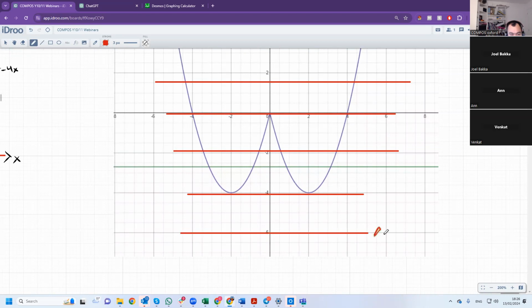So this is a is less than 0, less than minus 4. This is a equal to -4. This is a between -4 and 0. This is a equals 0. And this is a greater than 0.